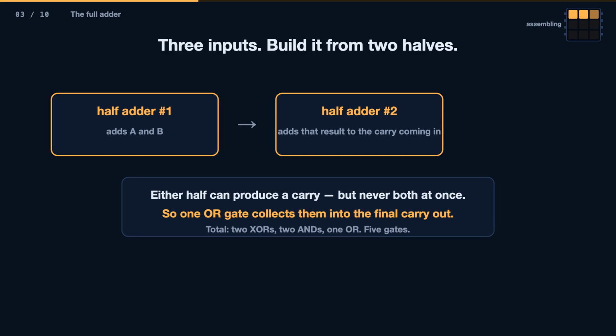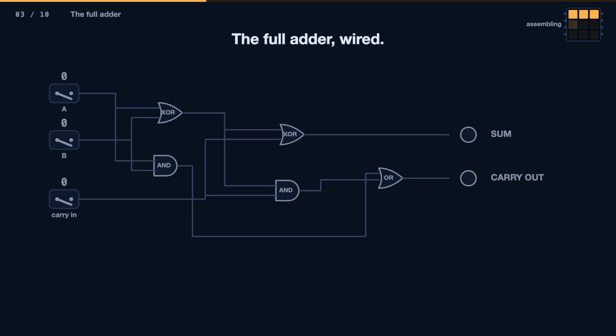Either half can produce a carry, but never both at once. So one OR gate collects them into the final carry out. 5 gates in total, 2 XORs, 2 ANDs, and 1 OR.